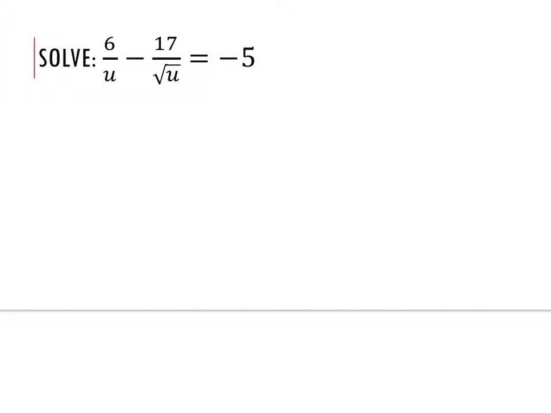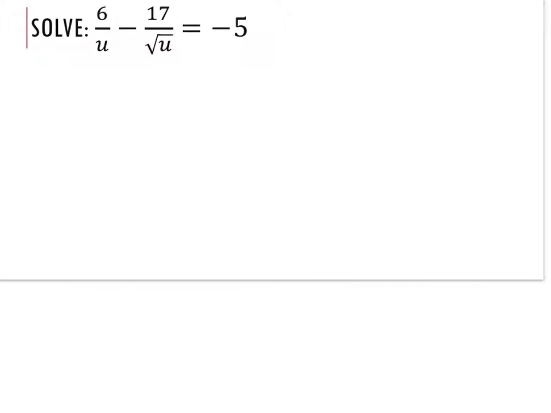Last but certainly not least is this crazy cat right here, where we have 6 over u minus 17 over u squared is equal to negative 1/5. And you're like, OMG. And I'm like, I know. So what we're going to do is use this lovely u again, or z again.